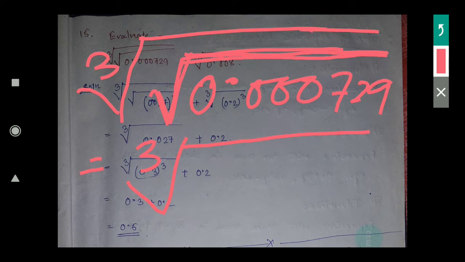But here it is given 0.000729, that means 6 decimal places. So for the square, I have to write this as 0.027 square.